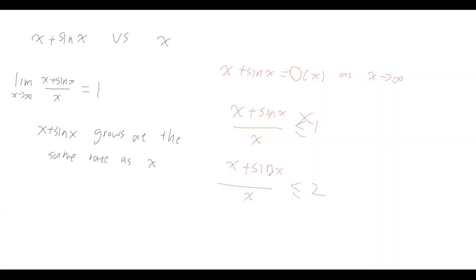X plus sine x over x is always less than or equal to 2. But this is by definition: if two functions are growing at the same rate, we can say that one of them is big O of the other.